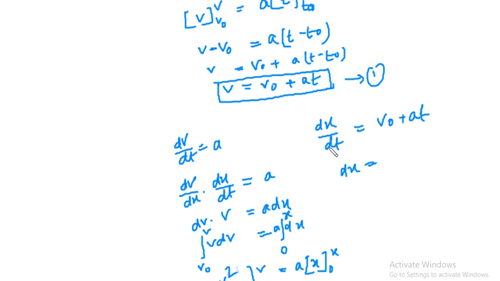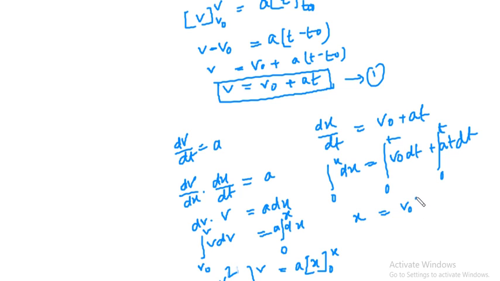So I take dx and dt on that side, v0 dt plus at dt, and integrate both sides. x will go from 0 to x, and t will go from 0 to t. So this side will be x, this will be v0, v0 is constant, so here only t, plus here we will get a t squared by 2. So we get x equal to v0 t plus half a t squared. This is equation number 2.